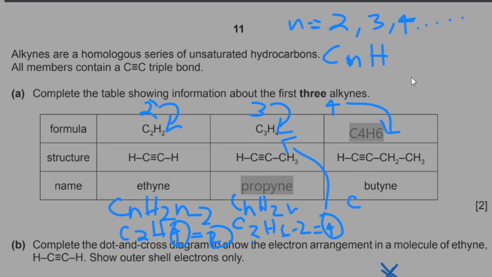Similarly, in the fourth compound, you'd have CnH2n. You'd have C4, and 2 4s are 8, and if you subtract 2 from 8, you'd get 6. And if you work this out, you'd see that this formula actually does give the right answer. So it would be CnH2n minus 2.